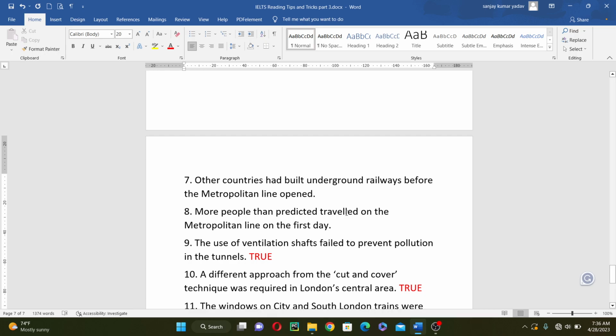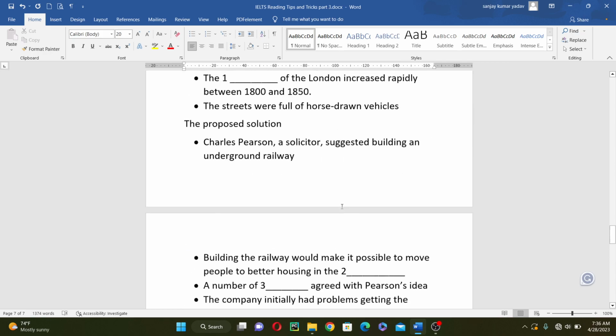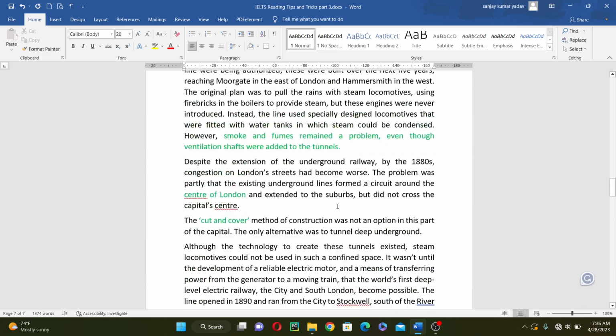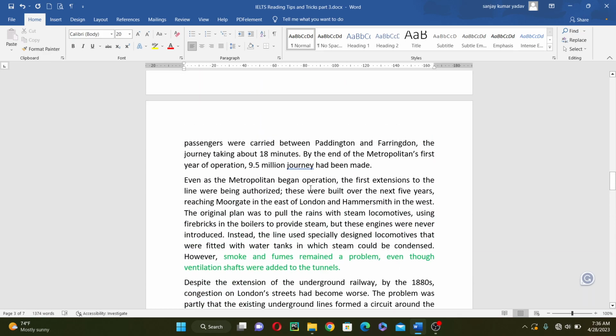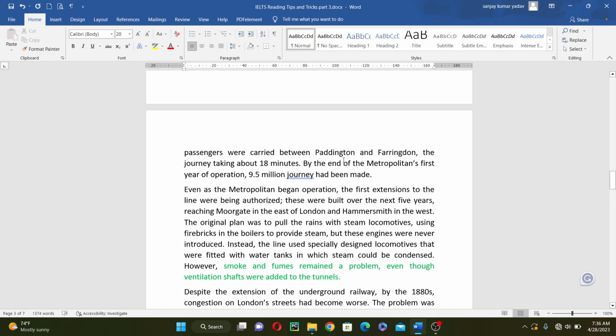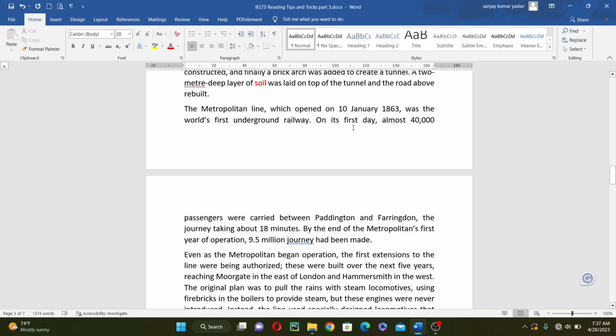So let's find the answer. More people than predicted on the first day travel. Okay, 9.5 million journeys had been made. So what is that? On first day or first year? Okay, let's read from here. The Metropolitan Line, which opened on the 10th January 1863, was the world's first underground railway.